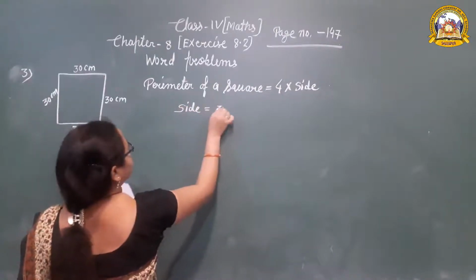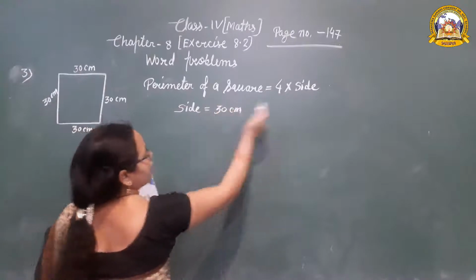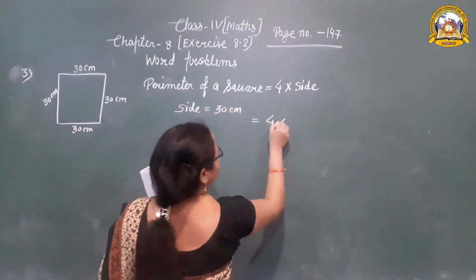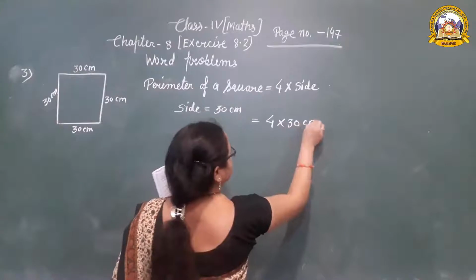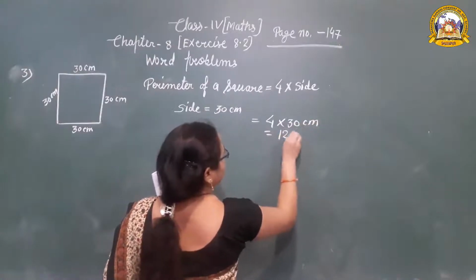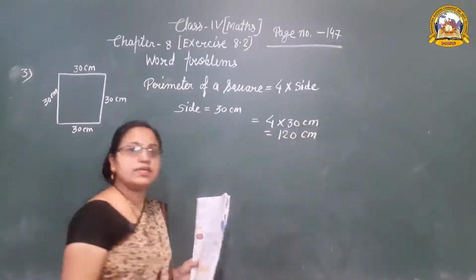Side is equal to 30 centimeter. So we put this value in the formula, 4 into 30 centimeter. It means 120 centimeter.